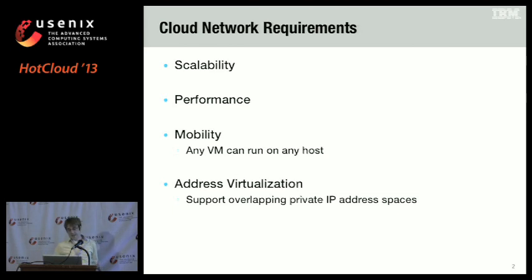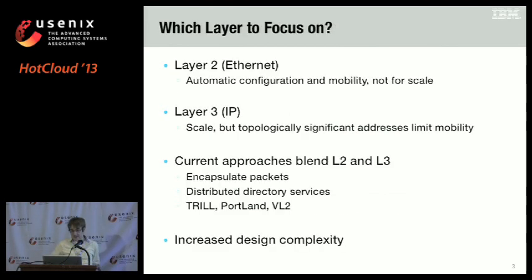When thinking about how to design a network architecture in a data center to address all of these concerns, it's not really clear which network abstraction layer you should focus on. There are really two candidates. The first one is layer 2, Ethernet.